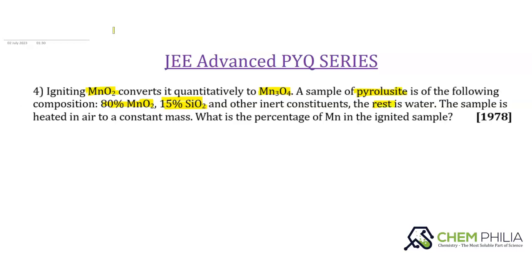The rest is water. The sample is heated in air to a constant mass. Clear? What is the percentage of manganese in the ignited sample? Clear? So this is the question.